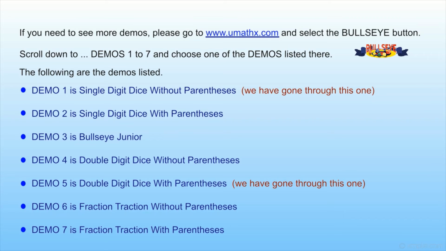Demo 2 is single-digit dice, with parentheses. Demo 3 is Bullseye Junior. Demo 4 is double-digit dice, without parentheses. Demo 5 is double-digit dice, with parentheses. Demo 6 is fraction traction, without parentheses. And Demo 7 is fraction traction, with parentheses. Please note, we have already gone through Demo 1 and Demo 5.